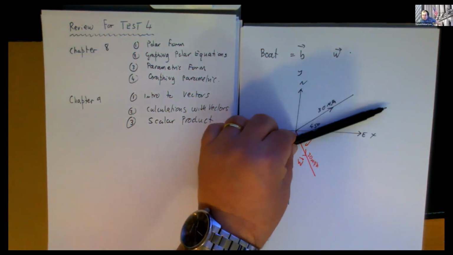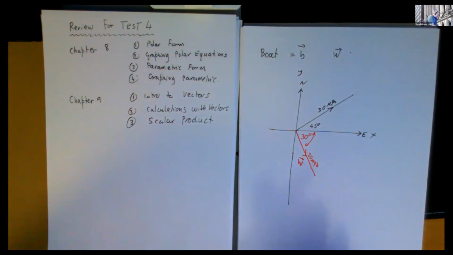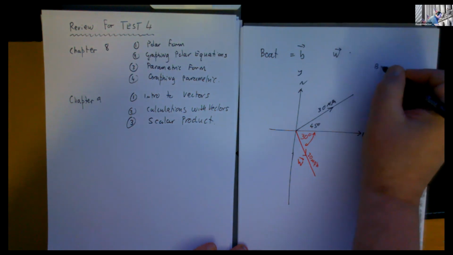It's going to be blown off course. And typically what you're being asked to do in these questions is to find the true speed of the boat. Like how fast is it really going to be traveling? And secondly, what angle will it be traveling at? What's its direction?